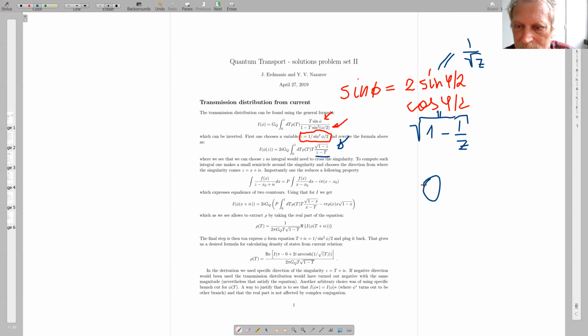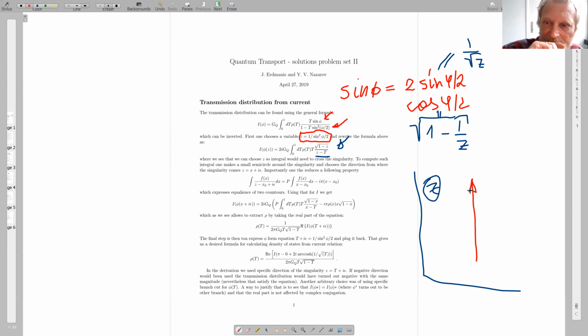Right, if I could, for instance, draw a complex z plane, that would be the imaginary axis, and that would be the real axis. And here we have this interval that goes from 0 to 1.